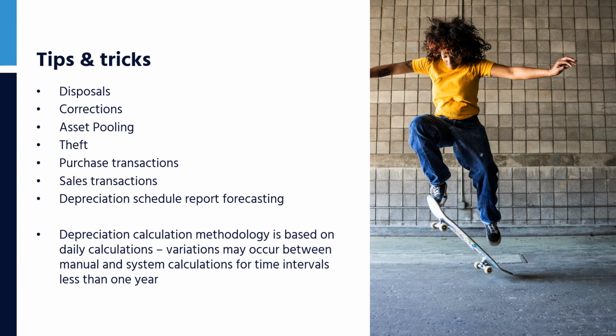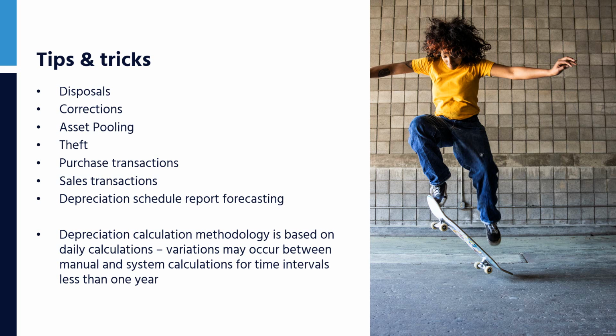From a tips and tricks perspective, we'll talk about those first 7 bullet points in a bit more detail, but before we do, just that final bullet point: you may get variations between any manual calculations that you do for depreciation versus what Vision's calculating. The Vision method is essentially based on daily calculations, so it doesn't matter whether you're doing a monthly or an annual frequency.